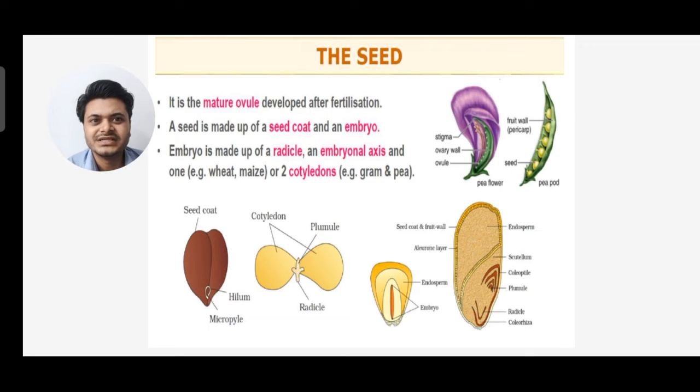One cotyledon is seen in wheat and maize, and two cotyledons are seen in gram and pea. You can see the seed coat, hilum, micropyle, plumule, radicle, two cotyledons, endosperm and embryo. Everything is given.